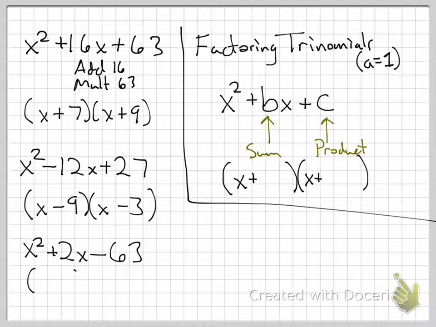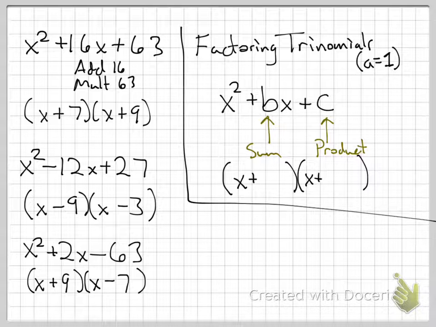What do you think? Plus 9 and minus 7? Okay, positive is bigger by 2. And then a negative product, we get negative 63. Okay, now, these are basic. Let's add a little more to it, but this key thing happens in the middle. Middle term, sum; last term, product.